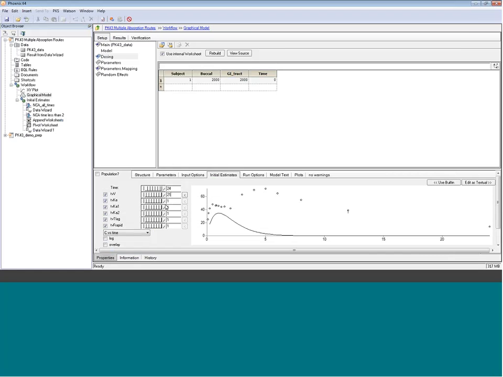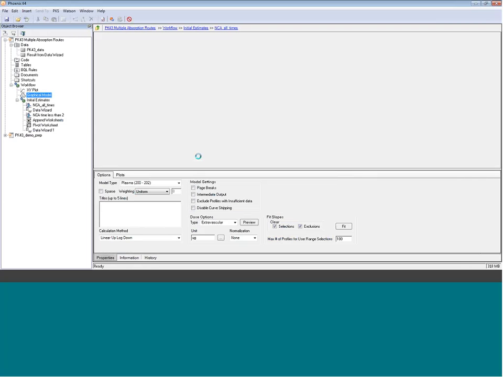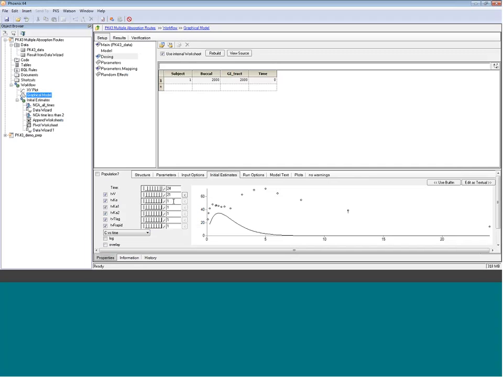The KE is going to be the lambda Z from the NCA. So I can go ahead and find this lambda Z. It's about 0.085. Okay. I'll round that to 0.9.